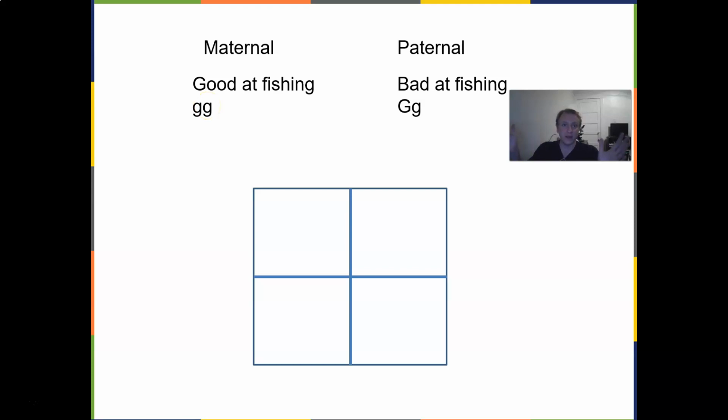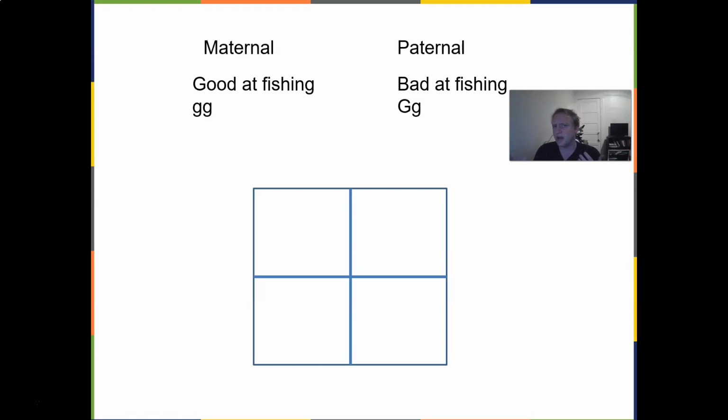So when my grandparents had my mom, they gave her two little g's for being good at fishing. And those are the genes that she has available to her to pass down to me. When my paternal grandparents had my dad, one of them gave a good at fishing allele, a little g, and one of them gave a bad at fishing allele. And so my dad is big G, little g.